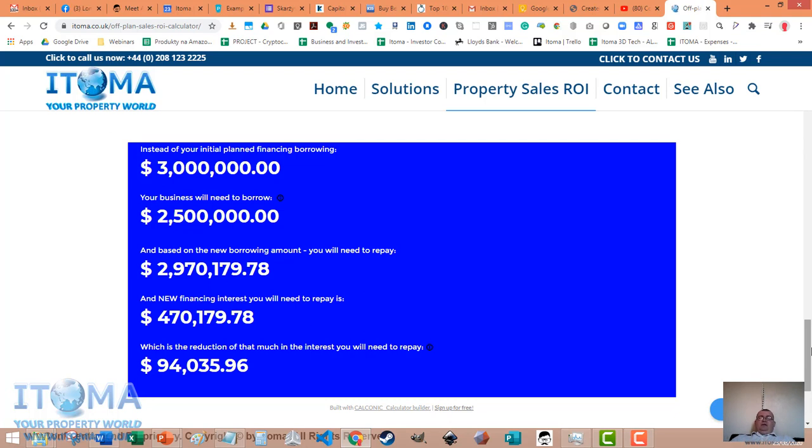So that means that this borrowing of $3 million has been reduced by $500,000 to $2.5 million. Which also means that the new financing interest is not 560,000, it's 470,000. Which means that we help you save over $94,000 in interest over this time, these borrowing conditions.